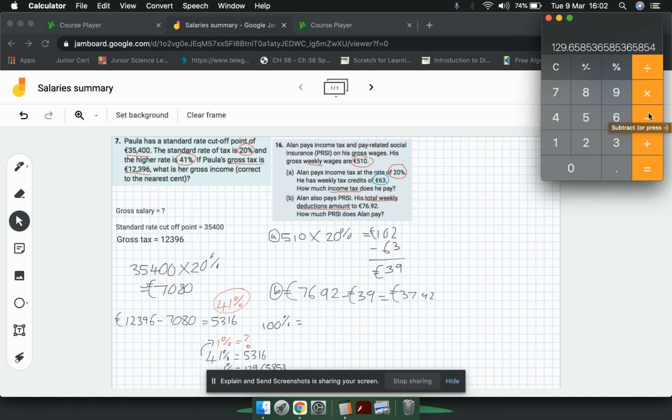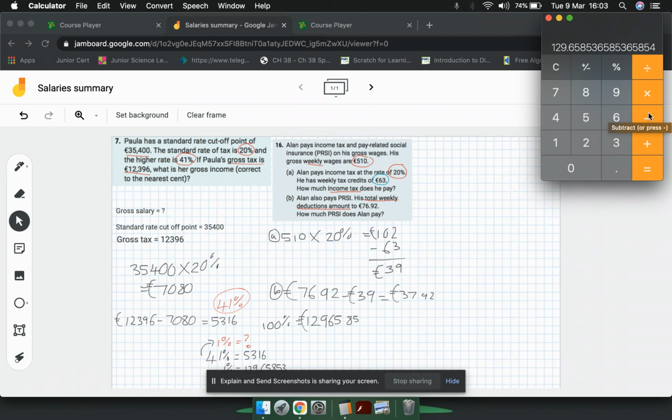So what will you get? 12965. And we only want two decimal places for the cents, 0.85. So that's 12,965 euro 85 cent is how much she was charged at the 41%.